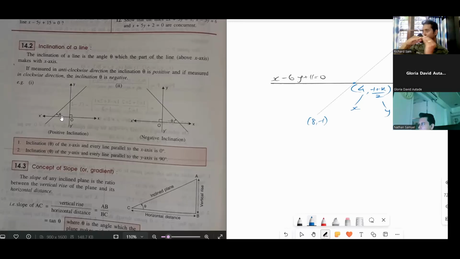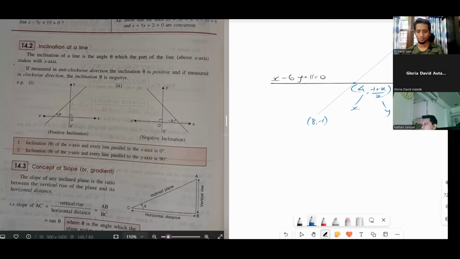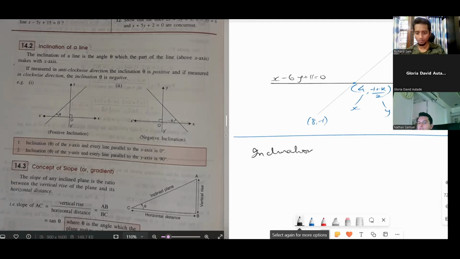This is around 45 degrees. This is around 90 degrees. Then it increases above 90, to 180 degrees, and so on. So that's it. Inclination is theta, or the angle. Inclination is the angle represented by theta.